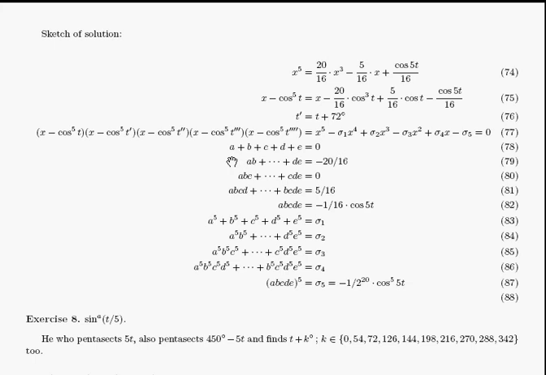We know the Girard equations of first degree. 0, minus 20 over 16, 0, minus 5 over 16, and minus 1 over 16 cosine of 5t. Who are the new sigmas?